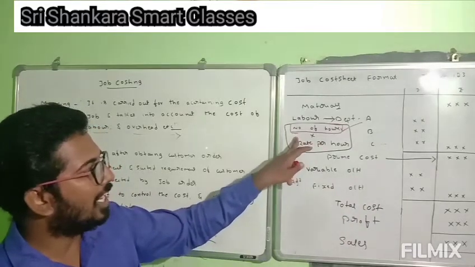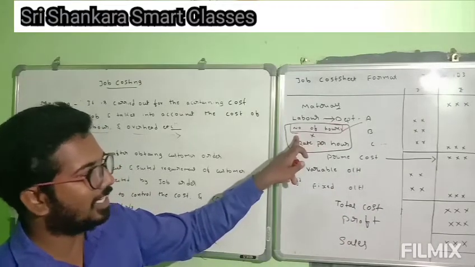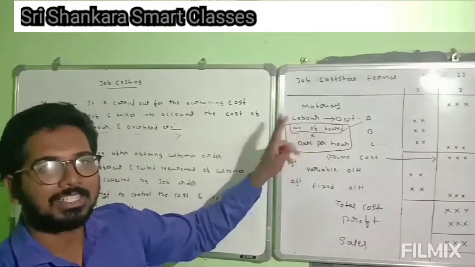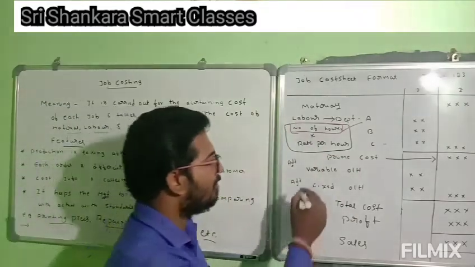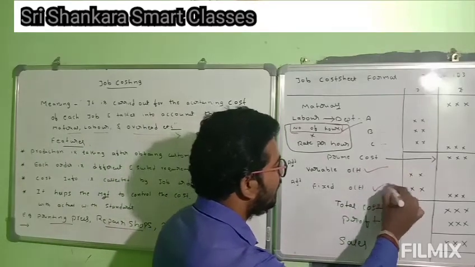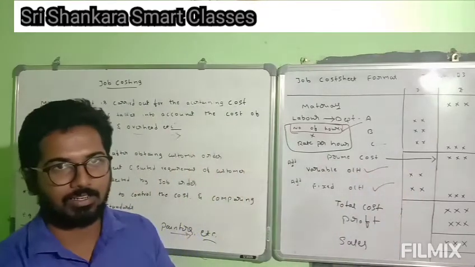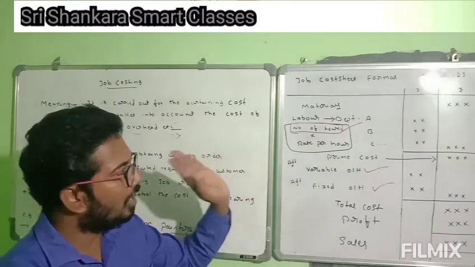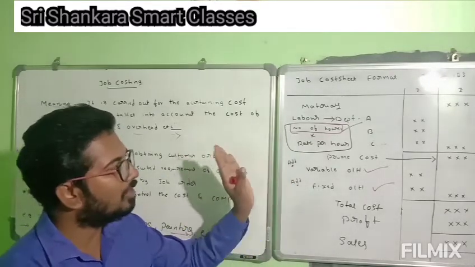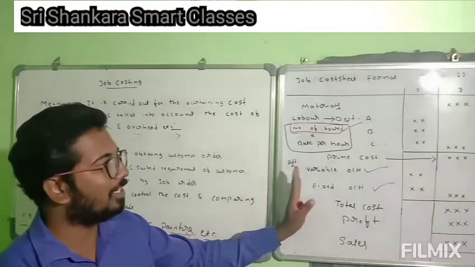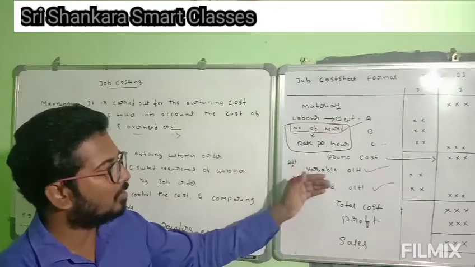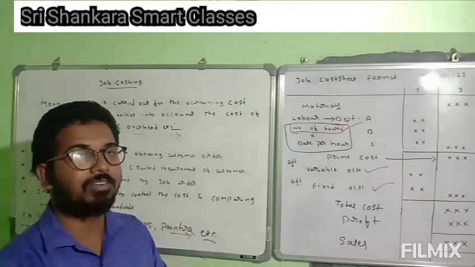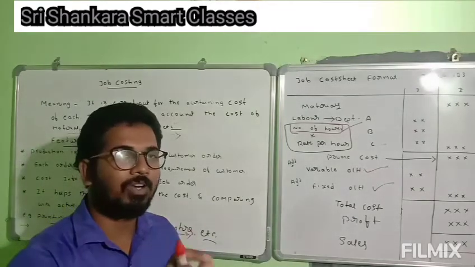Suppose in the question they have given the number of hours as 100, consisting of all A, B, C. The same number of hours should be carried forward for variable overhead and any other fixed overheads. So one important note: the number of hours used in the labor department should be carried forward for the other departments also. Only the number of hours; the rate per hour is going to change.